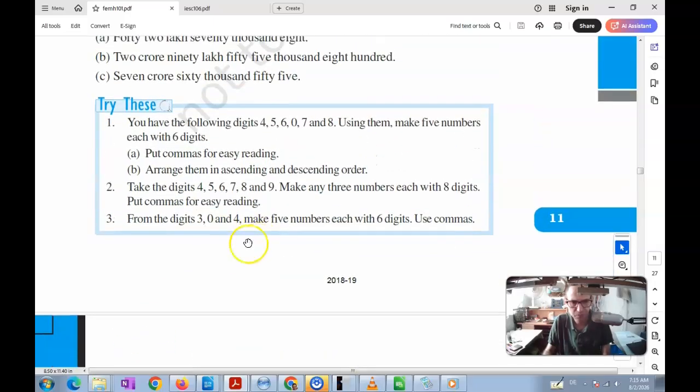So for example, over here it says from the digits 3, 0, and 4, make 5 numbers each with 6 digits. That means that you can repeat the digits as many times as you want. Probably it doesn't matter really, because we have 3 digits over here, and the number is supposed to have 6 digits.